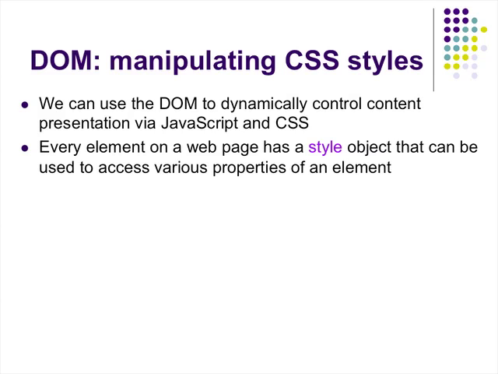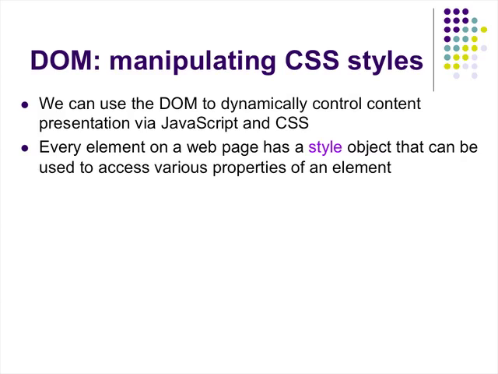So every object, every element on a web page has a style object linked to it, and we can use that style object to access various properties of our web page element. So I might want to get to a particular paragraph, and when the user clicks on that paragraph, it'll change color, for instance.